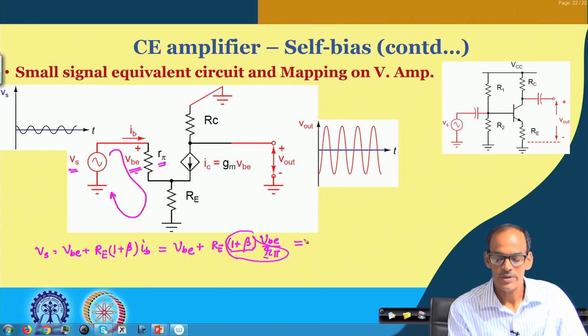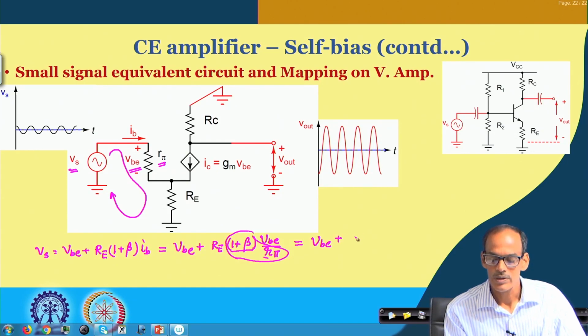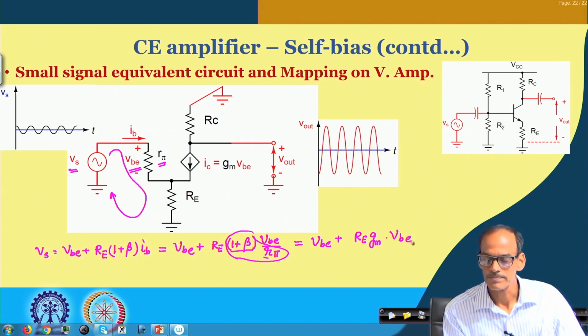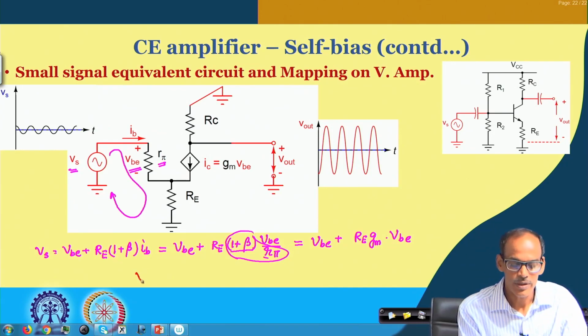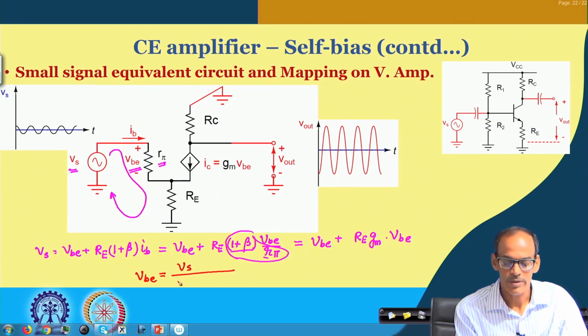So, we can further simplify and say that this is V_BE plus R_E into g_m into V_BE. In other words, we may say that V_BE equals V_s divided by (1 plus g_m into R_E).